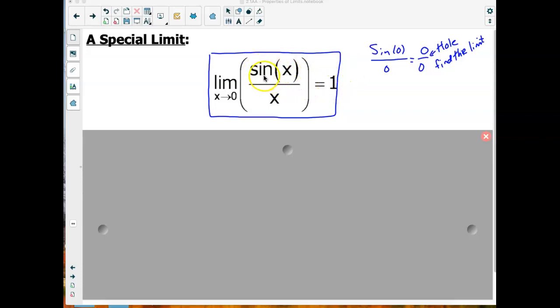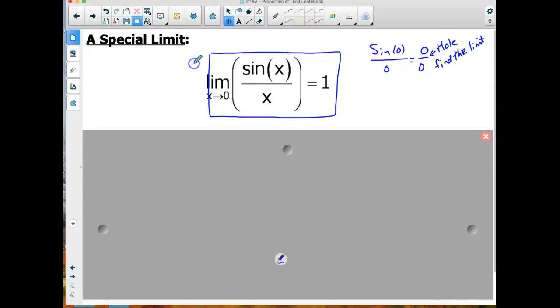So if I'm putting in 0.01, evaluating close to 0, the numerator is going to output 0.01, and then because I put in 0.01 for x, it's going to be divided by 0.01, which is essentially 1. The numbers are so close, it's essentially 1, okay?